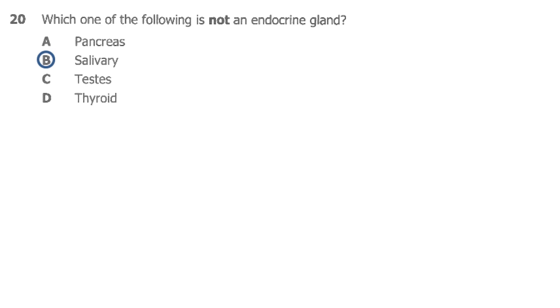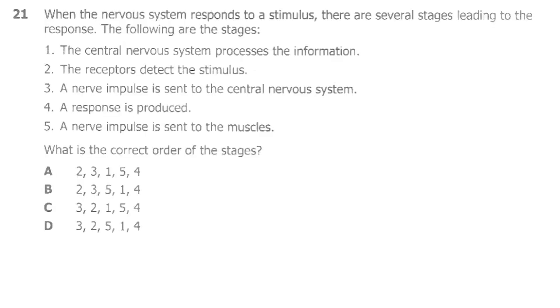21. When the nervous system responds to a stimulus, there are several stages leading to the response. The following are the stages.